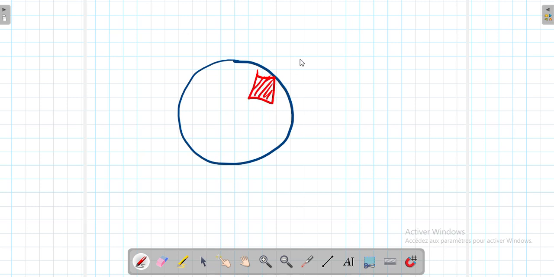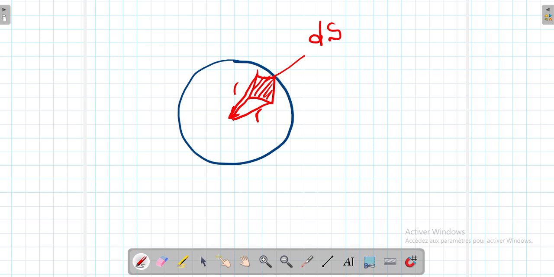Because it's elementary or small, I'm going to call it ds. This is the center of the sphere, and maybe this is the radius.